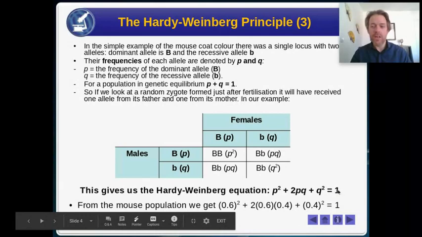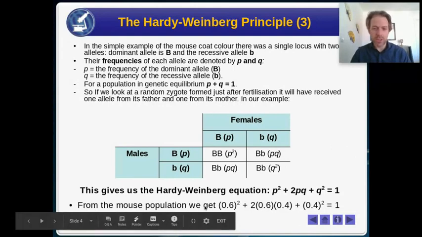And again, we know that all of these possible genotypes, or really it's three, must also add up to 1, because every single person in the population you're counting has to be one of those.